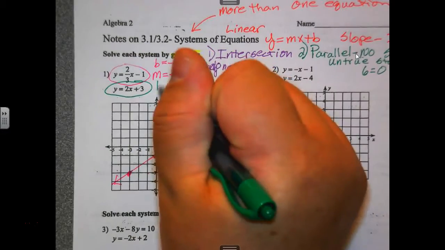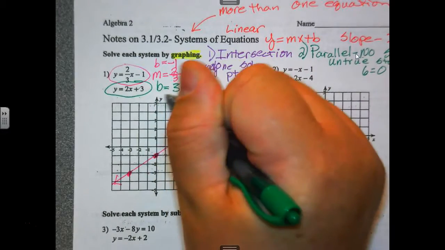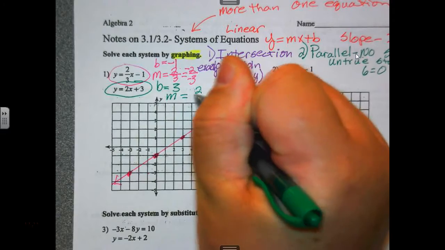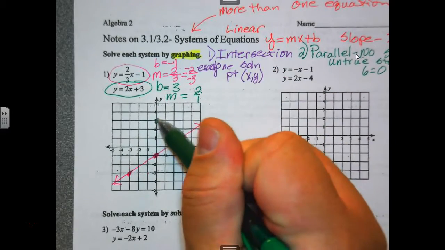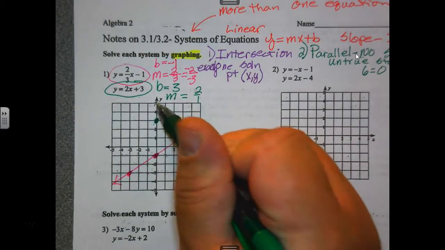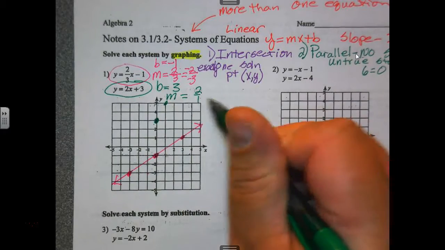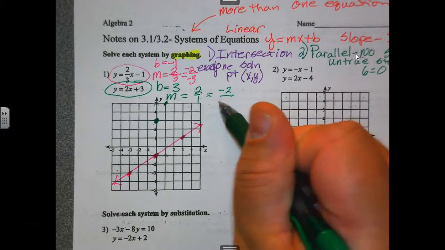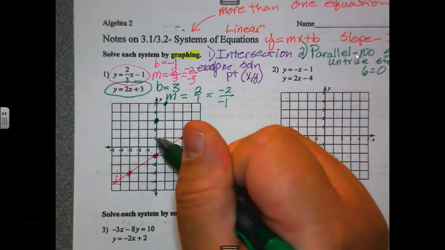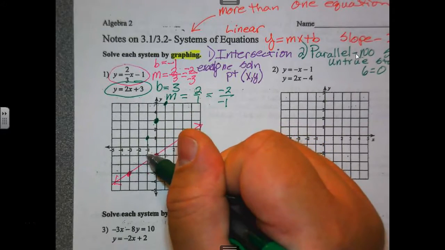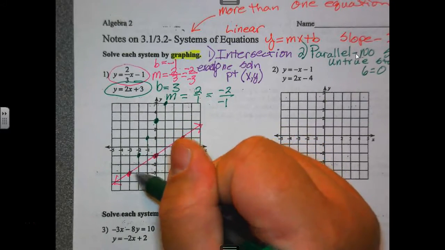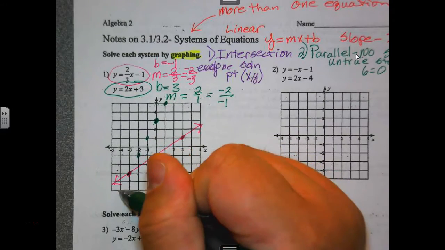Start at 3, and my slope is going to be, wonderful. Start at 3, up 2 over 1. I could also go down 2 and to the left 1. And I could do that until I cross this line. And I get my solution there, right?